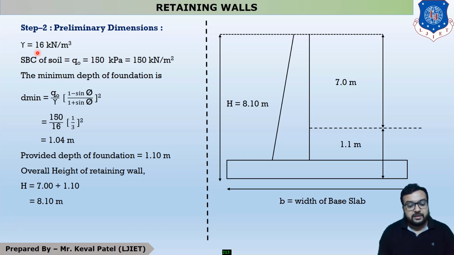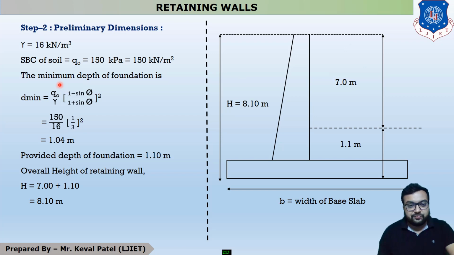So the value of gamma, the unit weight of soil, is 16 kilonewton per meter cube. Our SBC is 150 kilopascal. It means 150 kilonewton per meter square. So first of all, you can see that this is our ground, and the height above ground level of soil is 7 meter.